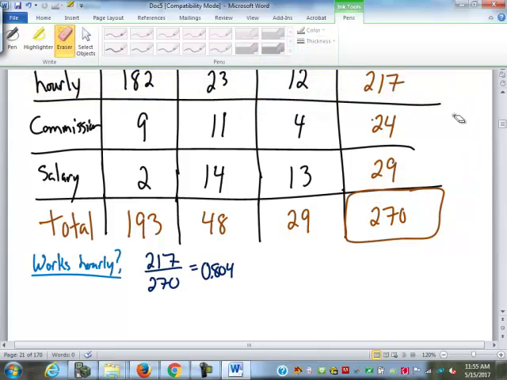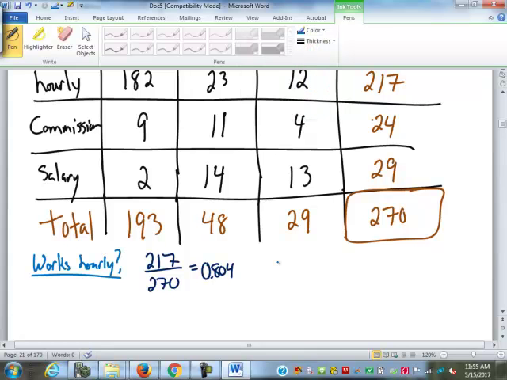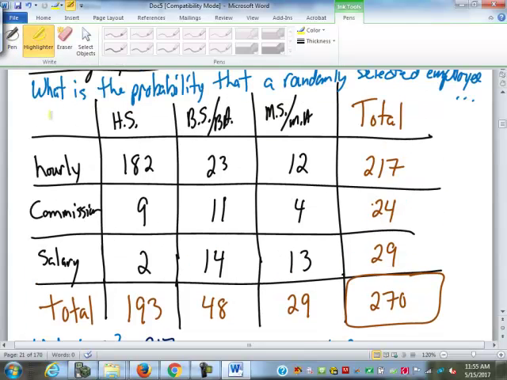Let's get rid of that, and let's ask a different question. What is the probability that a randomly selected employee has a bachelor's degree? Well, here's the bachelor's degrees right here. That total would be the 48 out of the 270.